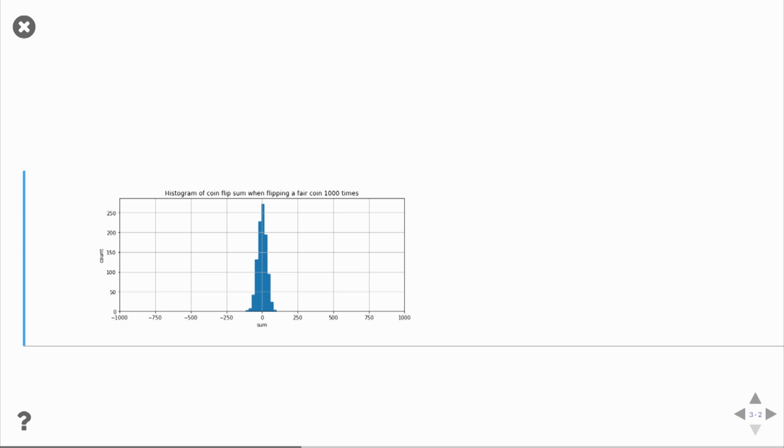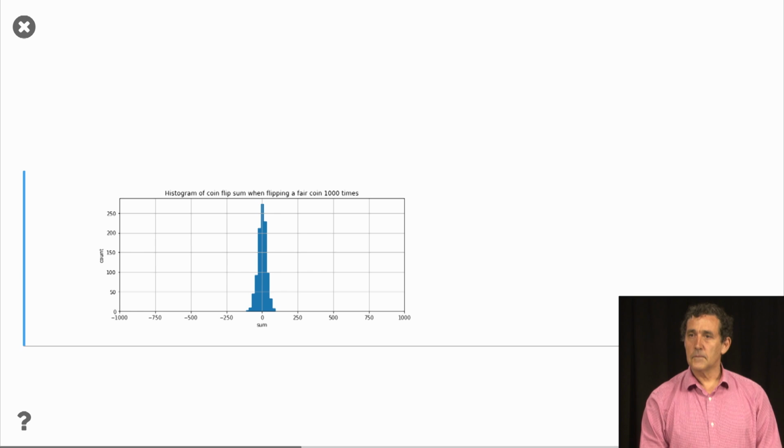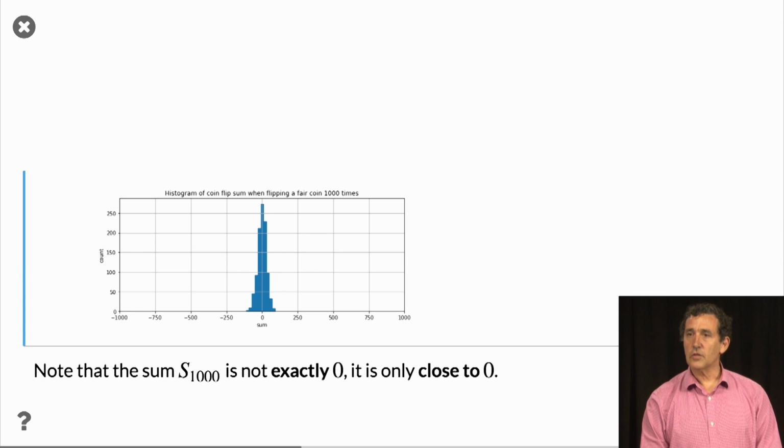However, even though it is each time slightly different, there is something very much in common for all of these coin flips. They're all concentrated around 0, but they're not exactly 0. And for this number of coin flips, 1,000, it is extremely unlikely that the sum is below -250 or above 250.